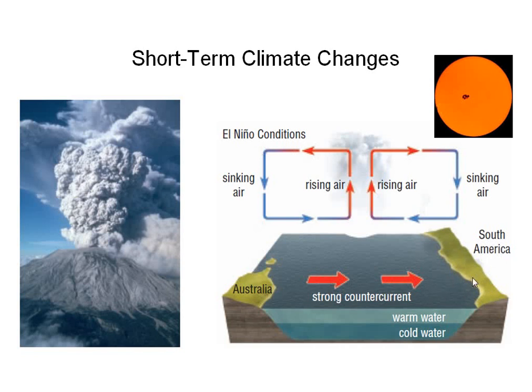So such climate is bizarre, right? Such phenomena is bizarre. Okay, and you are able to explain such bizarre phenomena, right? Okay, good. So these are some of the factors that cause the short-term climate changes, right? Okay, these can be the factors.